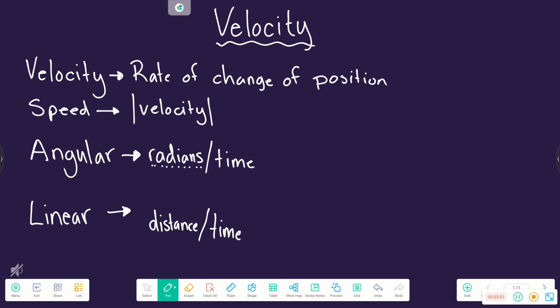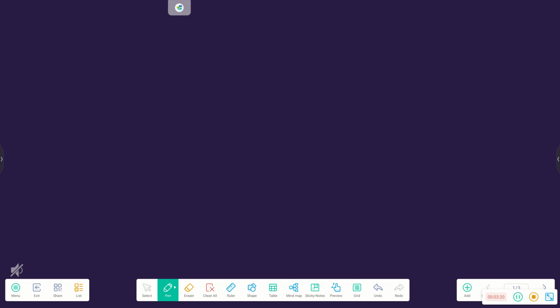Now, the reason why we use this is so that we can take something that is maybe in an angular velocity and transform it into linear velocity. Okay, so for example, say I have a ceiling fan that makes 9 revolutions per minute.